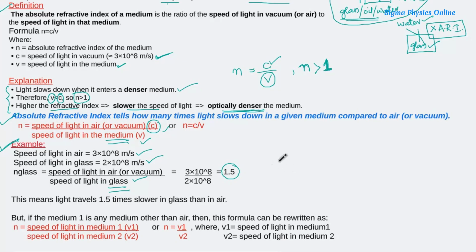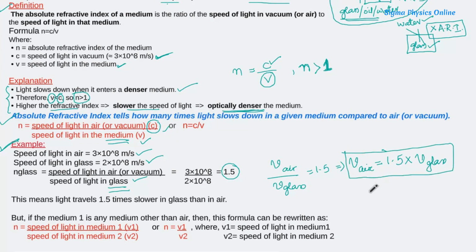It means that the speed of light in air divided by the speed of light in glass is 1.5, which means the speed of light in air is equal to 1.5 times the speed of light in glass. That is, the speed of light in glass multiplied by 1.5 will be equal to the speed of light in air or vacuum.